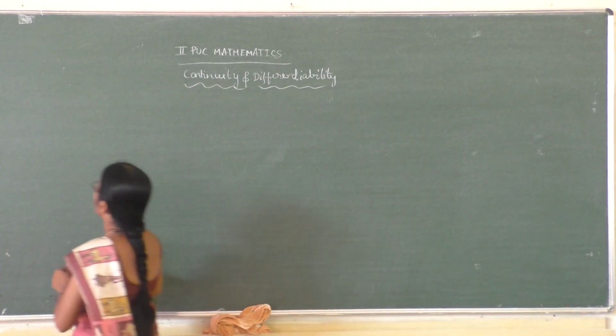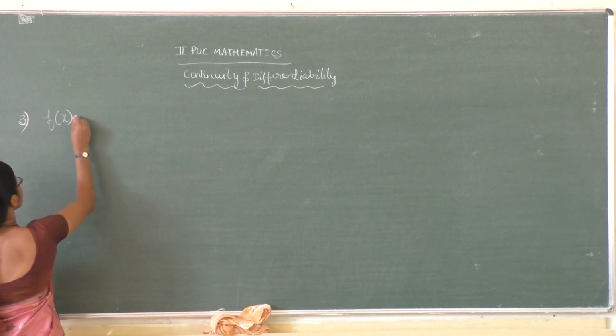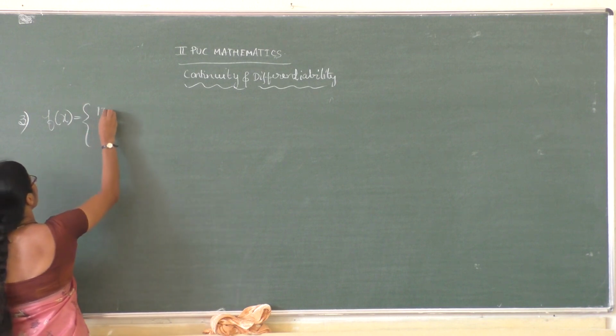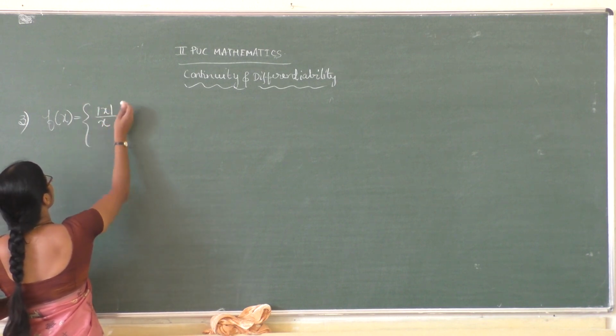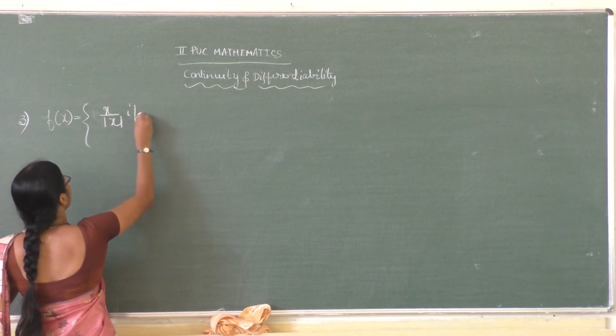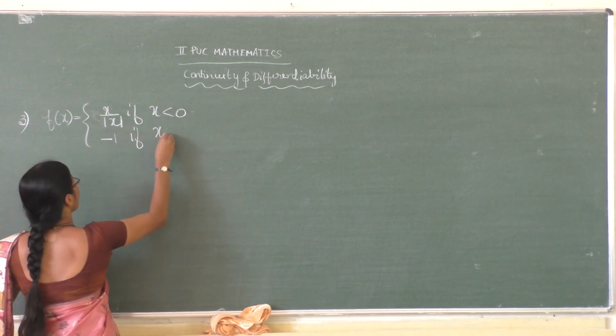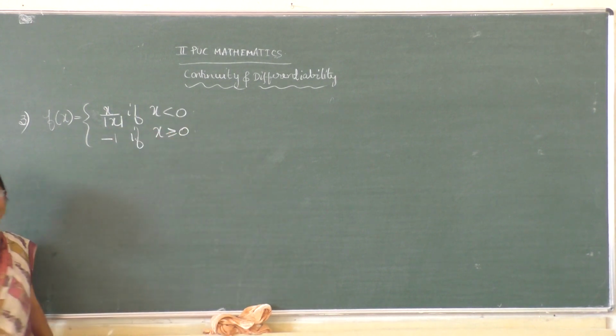Find all points of discontinuity of the function f of x equal to x by modulus of x if x is less than 0, minus 1 if x is greater than or equal to 0.